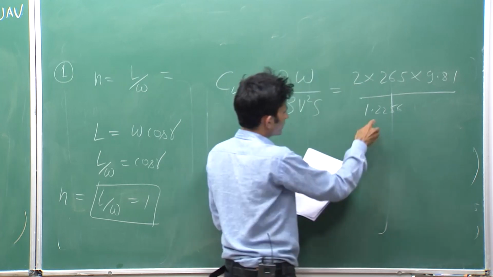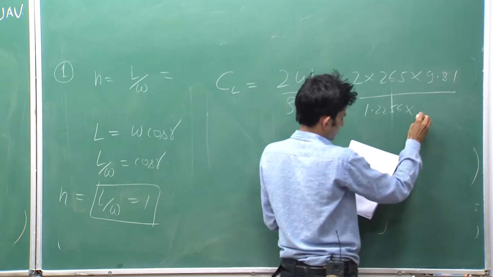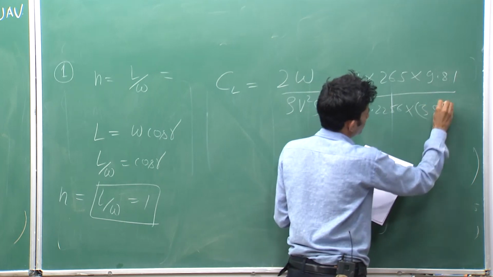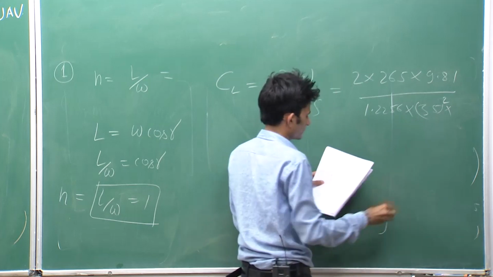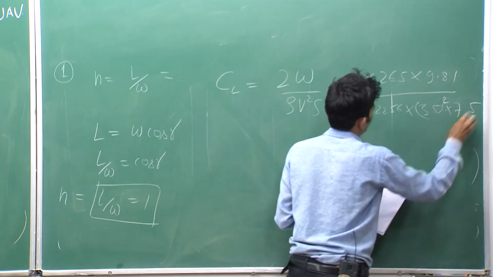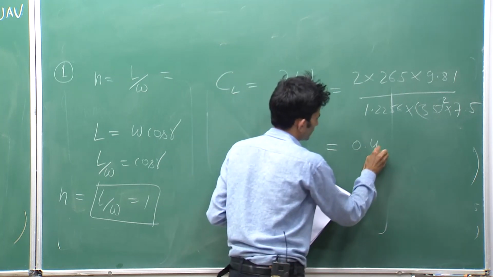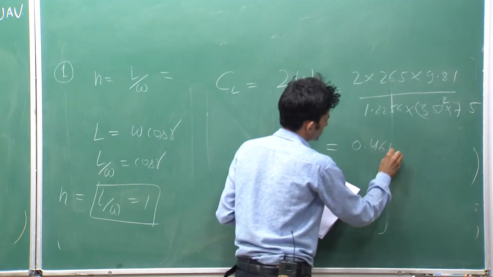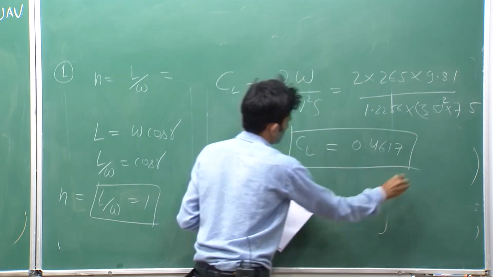If it is not given, then take the mean sea level density. V is 35 and your area is 7.5. So your CL will come 0.4617. So this is your lift coefficient.